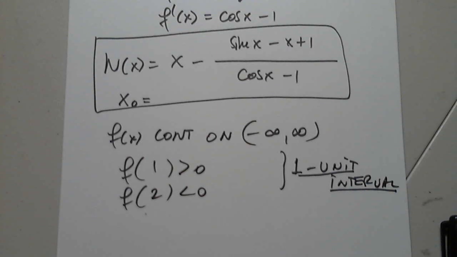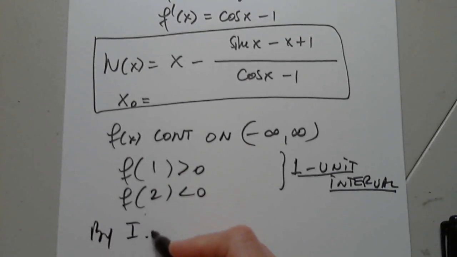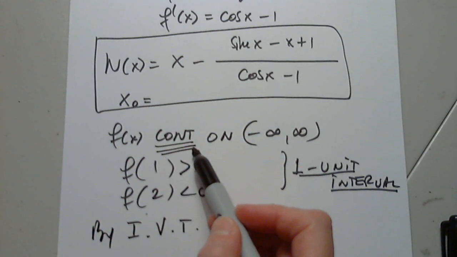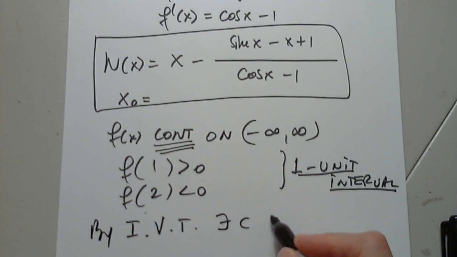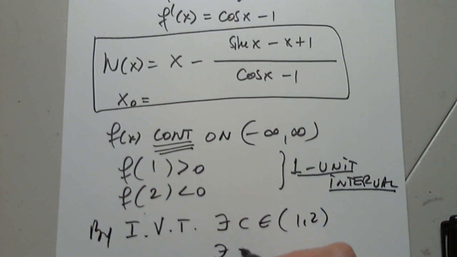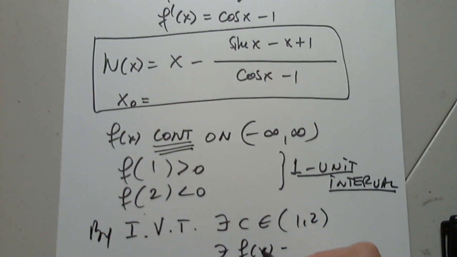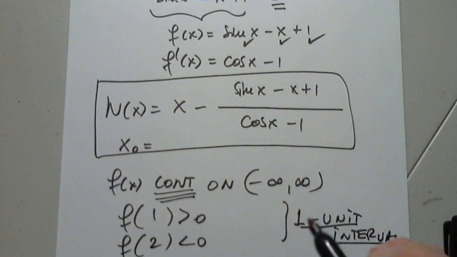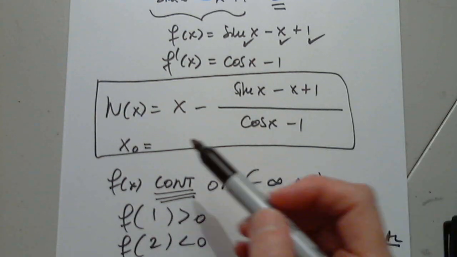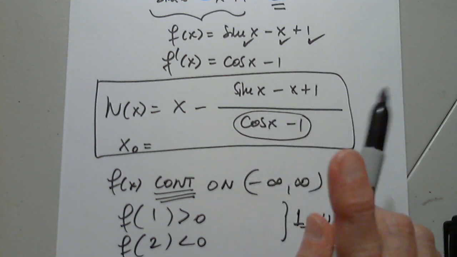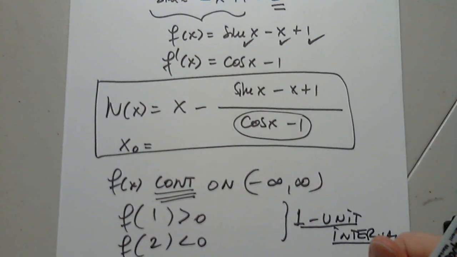Okay? So by intermediate value theorem for continuous functions, there exists a C in the open interval 1, 2 such that f of C is 0. Now I have to make sure that I start with the x0 such that cosine x minus 1 is not 0.